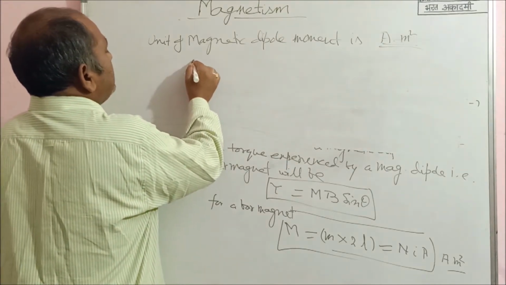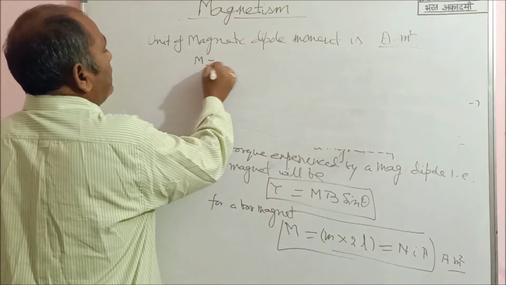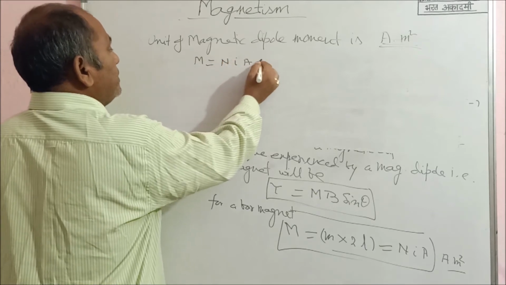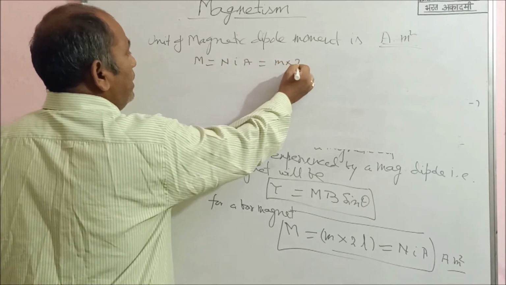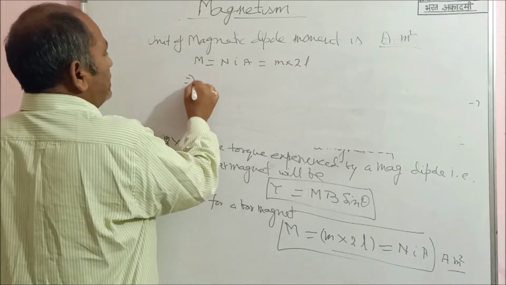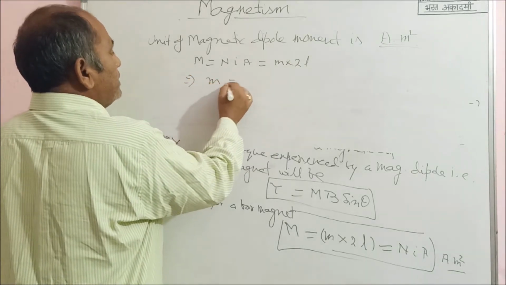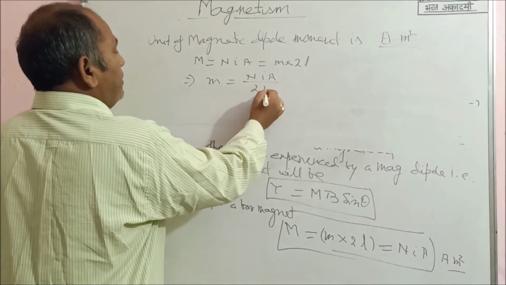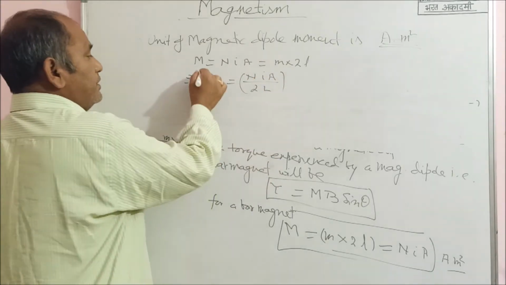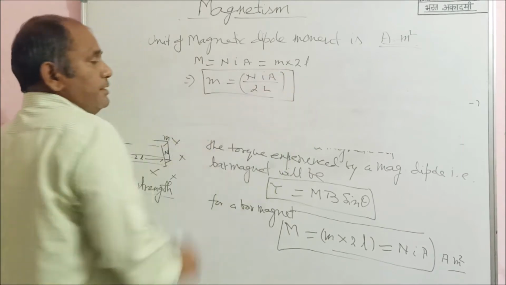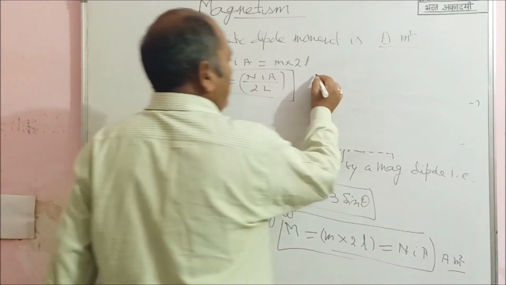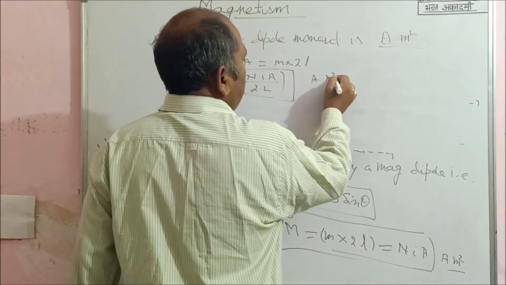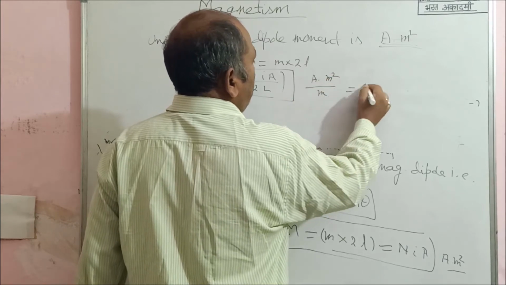If I say M equal to NIA, which is equal to m into 2L, what we will get from this is that small m is NIA by 2L. And so far as unit is concerned, what will be the unit? Ampere meter square by meter, and we will get ampere meter.